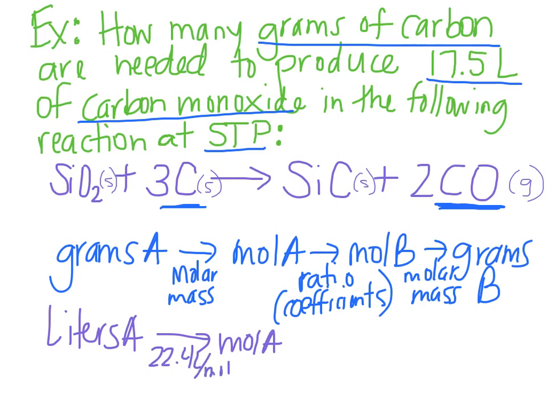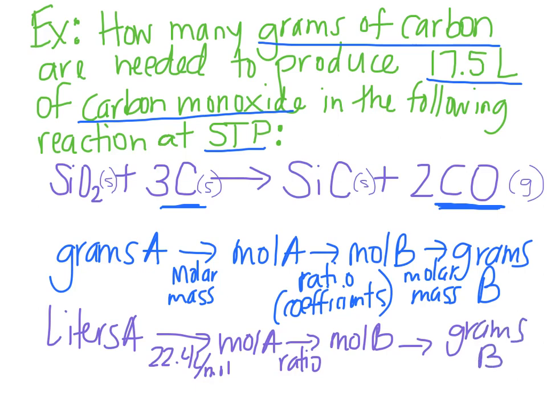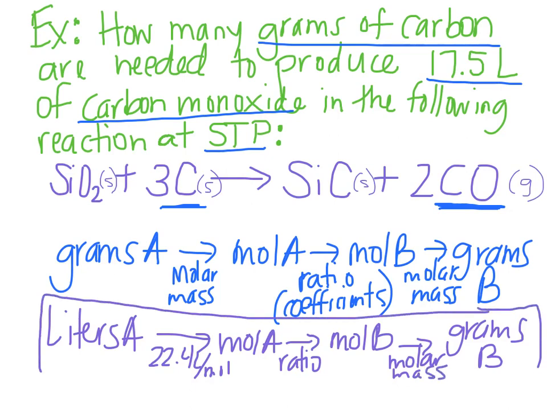And then after moles of A, then we can convert to moles of B using the familiar conversion factor of using the ratio, and then we can convert to our answer, grams of B. Now, just like before, when you go from moles to grams, you're going to use the molar mass. So these are the steps that we are going to follow in order to solve this problem. So I would go ahead and copy that down, what I have written in purple, and then write the chart underneath that.